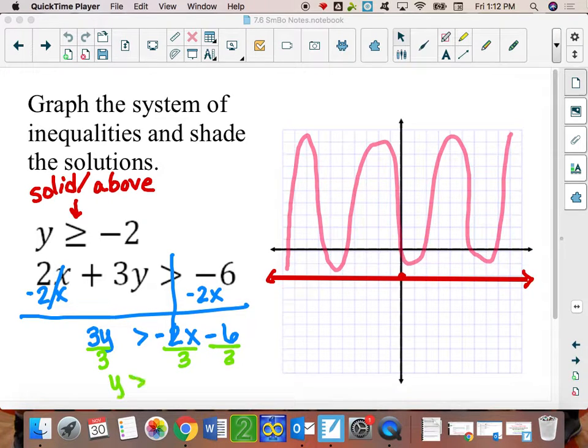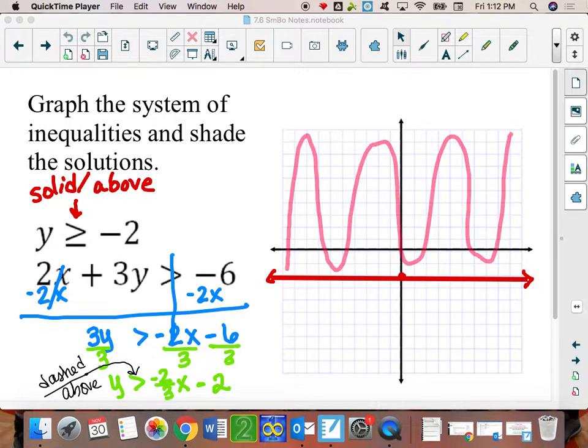So that's y greater than -2/3x, and then -2. For this line, there's no equal to part, so we know that our line is going to be dashed, and greater than means we're going to shade above.